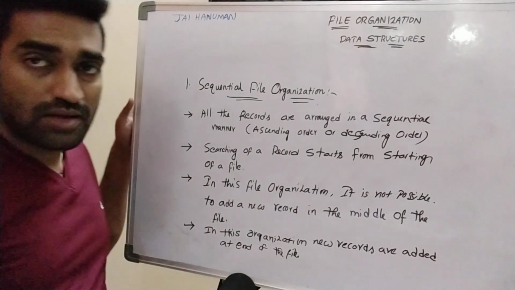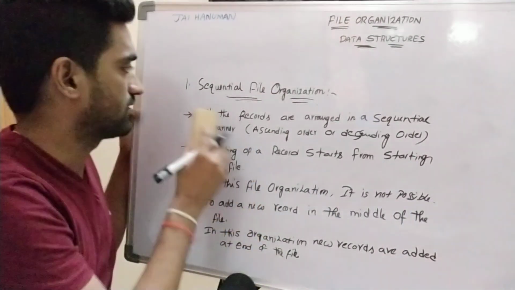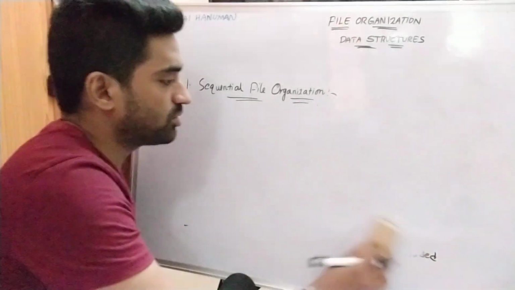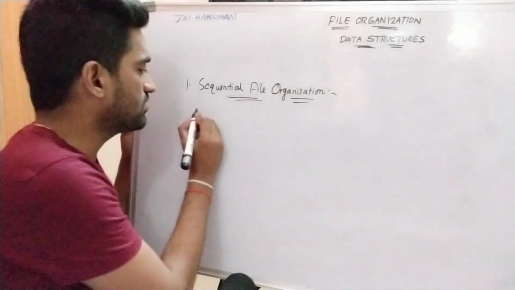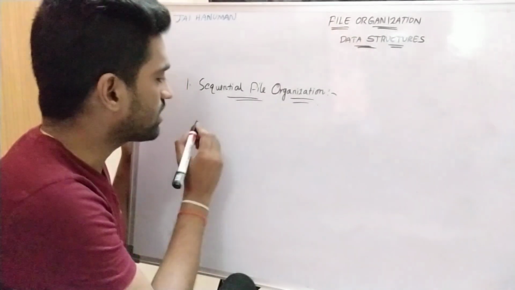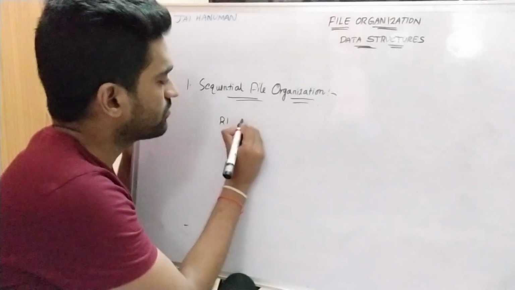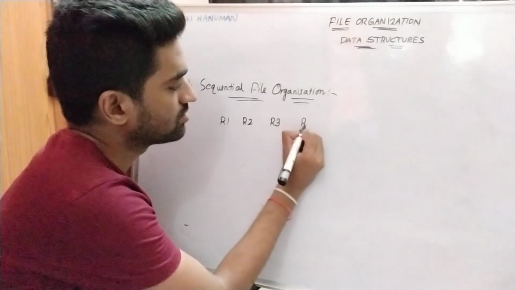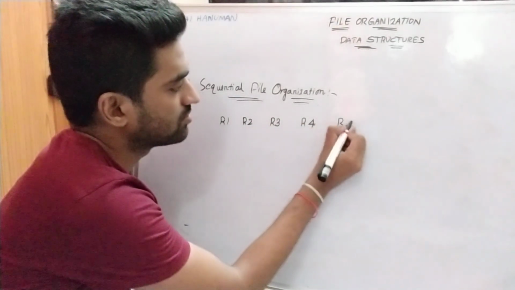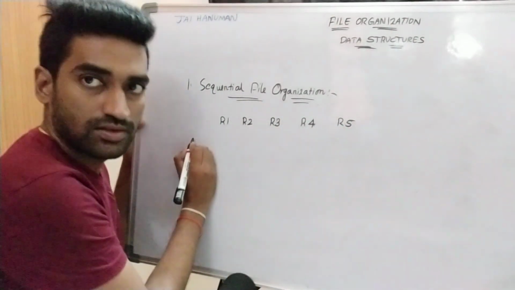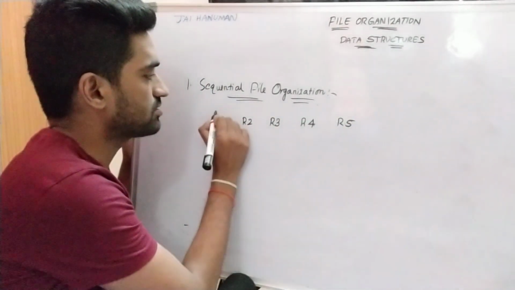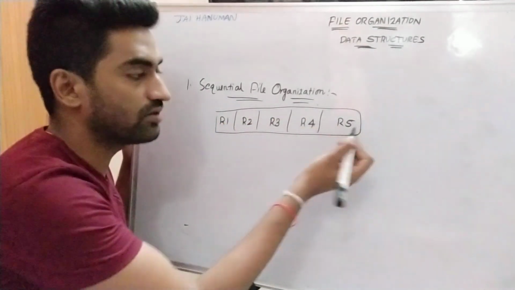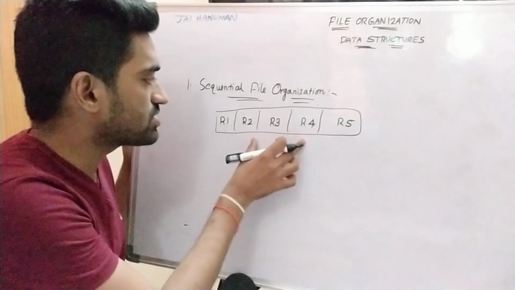Right? So here I am taking one example for sequential file organization. Suppose I am considering one sequential file which contains R1, R2, R3, R4, R5. So these are the records. This is sequential file organization.